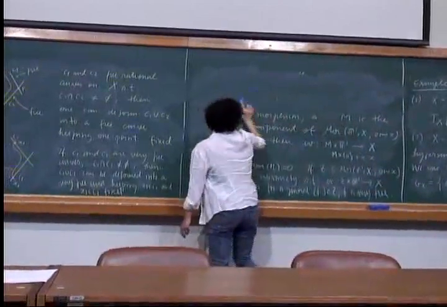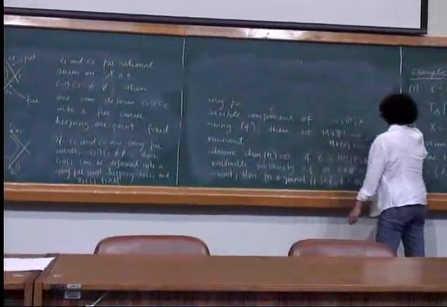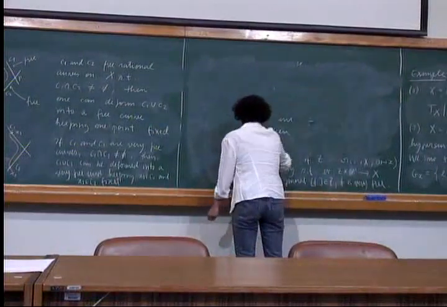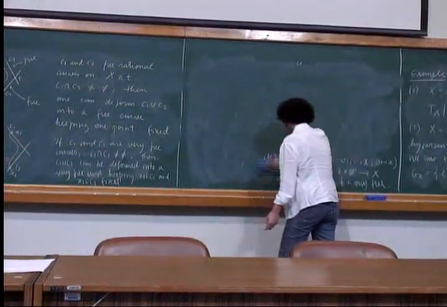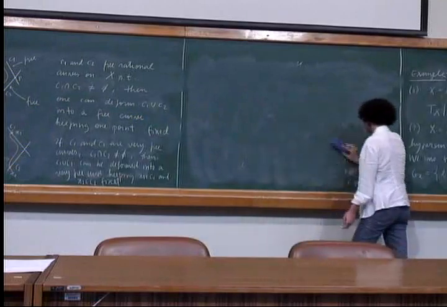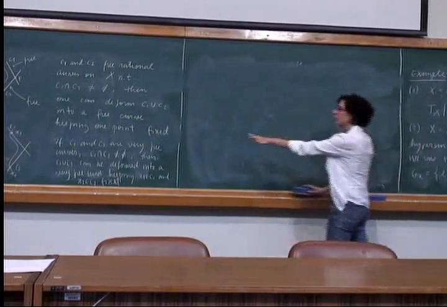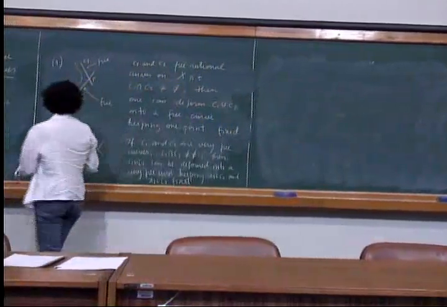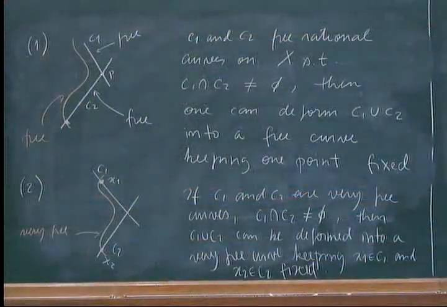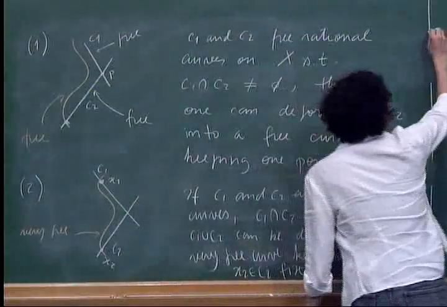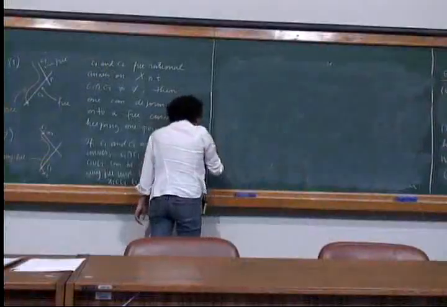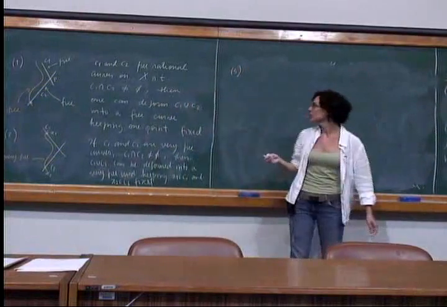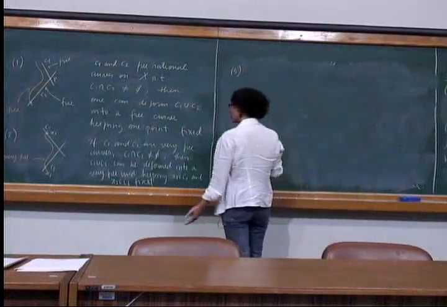And now the third property that I want to explain is, in a sense, much more interesting. This is not hard to prove if you know a little bit of this type of deformation theory, but it's not complicated. Now, we may be in a different situation, where we have rational curves on some variety that are not free.